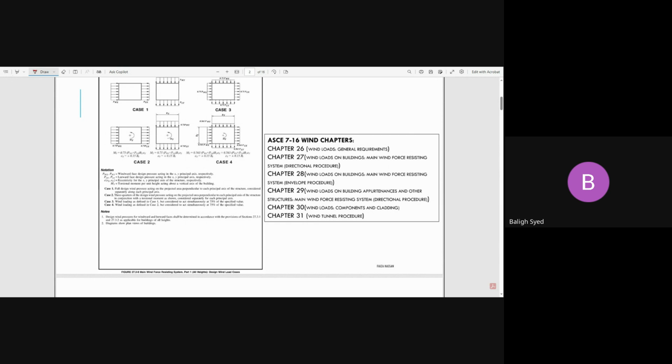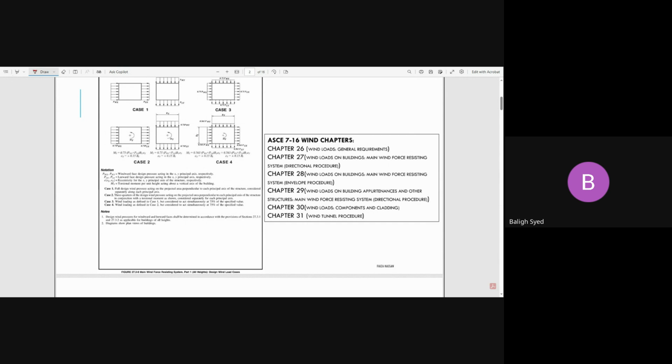Because that's the main skeleton, the main lateral stiffness you have there, right? You will never go for C&C pressure. C&C pressure is for components and cladding. Whenever you design the wind girts or the roof purlins, then you will develop the C&C pressures, get your uplift forces on either the roof or the walls of the structure, and apply the C&C pressures.